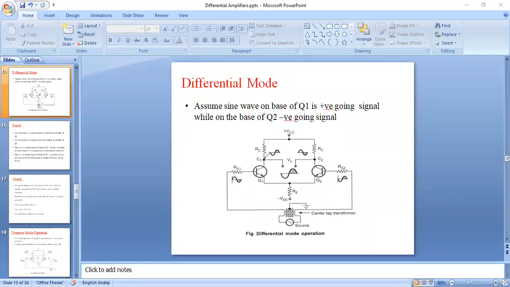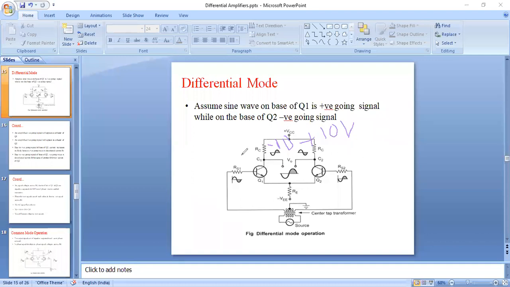If it is minus 10 volts and if it is plus 10 volts, and you measure output between these two collector terminals of the two transistors, the final output becomes plus 10 minus of minus 10. That means 20 volts.